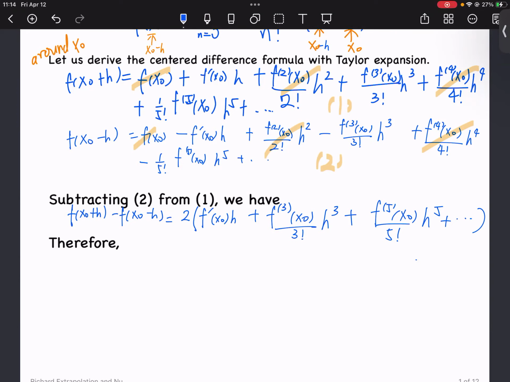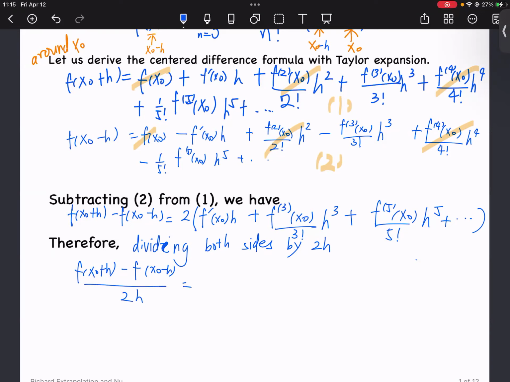Now I'm going to divide both sides by 2h, and I got f(x0 plus h) minus f(x0 minus h), divided by 2h.